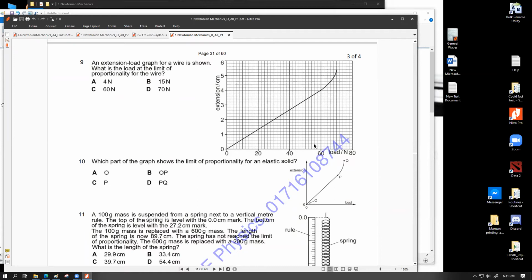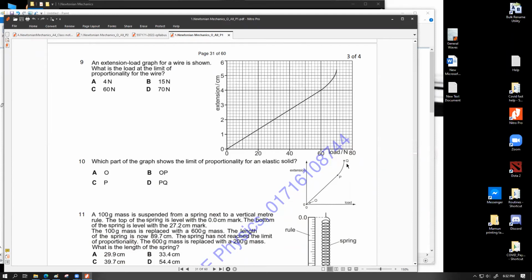I would like to tell you one more thing. The length of this graph represents the elastic region. For example, O is the origin, OP is the elastic region, and P is the limit of proportionality. Limit of proportionality is the name of a point, not the name of a length. Then PQ is the plastic region, or permanent deformation region.